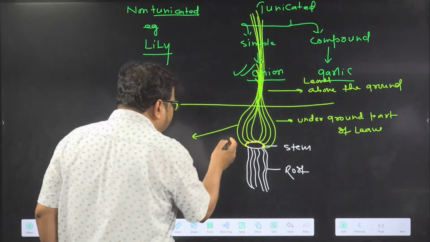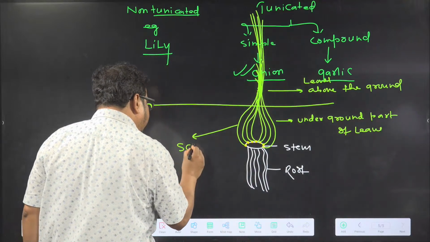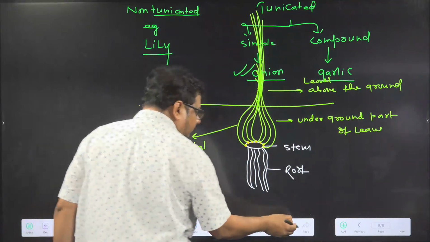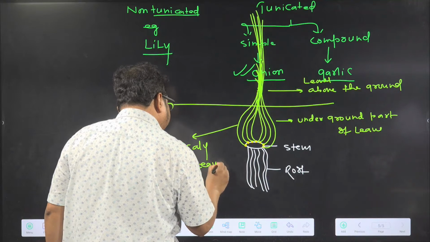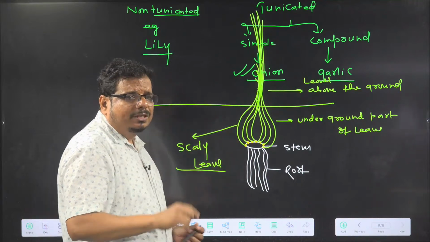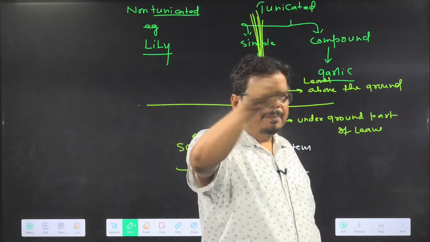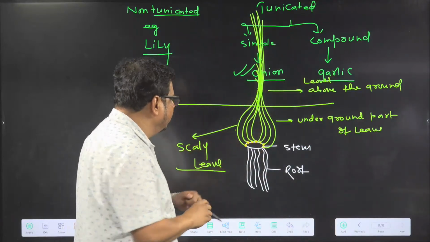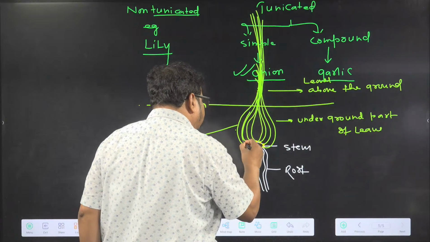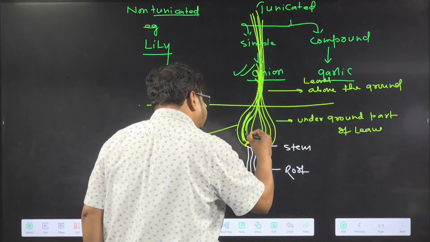So the outer layer of leaf becomes a scaly leaf. Generally you don't eat it because it is papery. When you are eating onion, you are peeling the outer layer. But the inner layer is thick and fleshy.